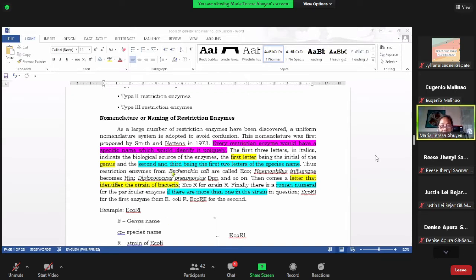The second and third letters are the first two letters of the species name.